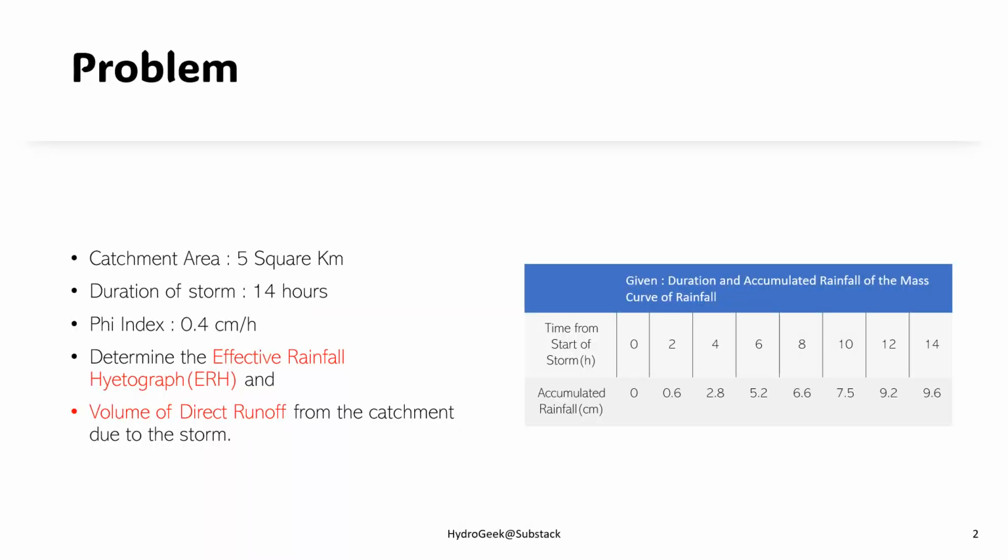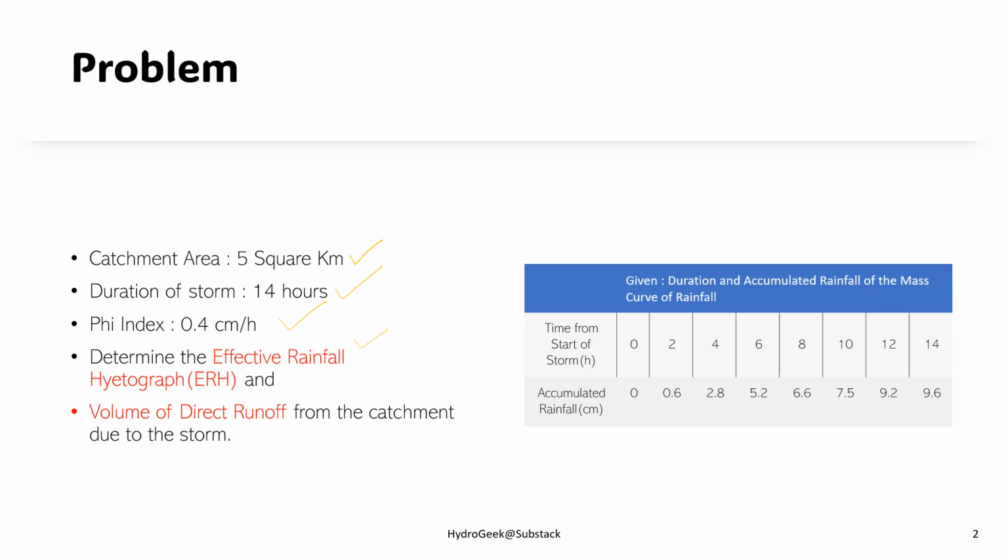So the numerical problem is like this. Catchment area is given, duration of storm is given, Phi index is also given. Now the question is, what you have to find out: determine the effective rainfall hyetograph.